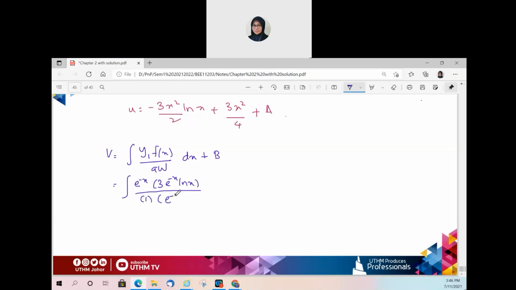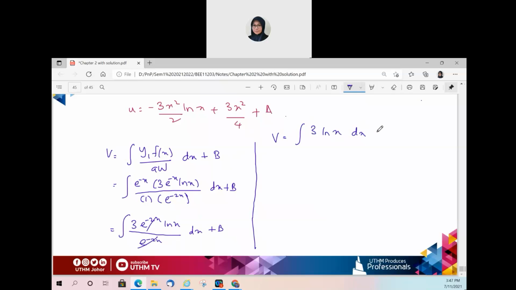W is e to the power minus 2x. So u equals the integral of 3 e^(-2x) ln x divided by e^(-2x) dx plus b. Cancel, cancel. Then v equals, you integrate 3 ln x dx plus b.